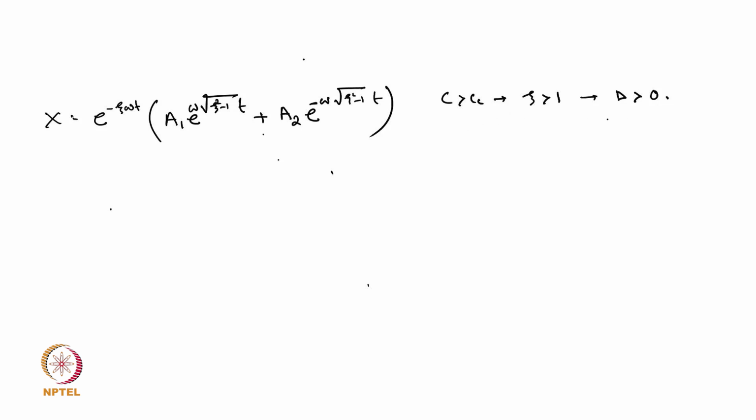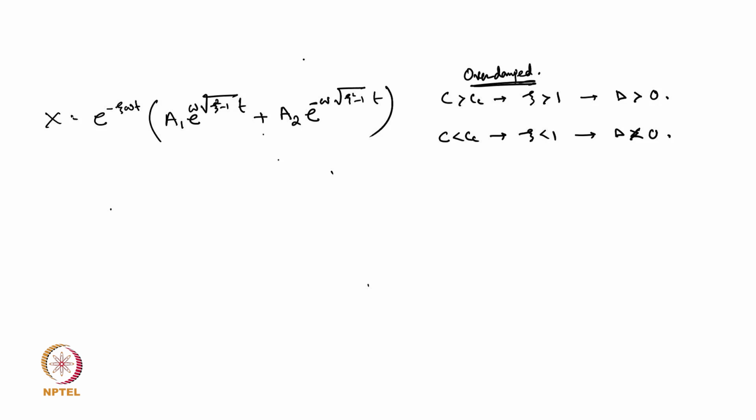This case is known as an overdamped system. First case, once we have xi equal to 1, that was the critically damped. Now this is overdamped. Now another case is C less than Cc, that is xi is less than 1, that is delta is less than 0.